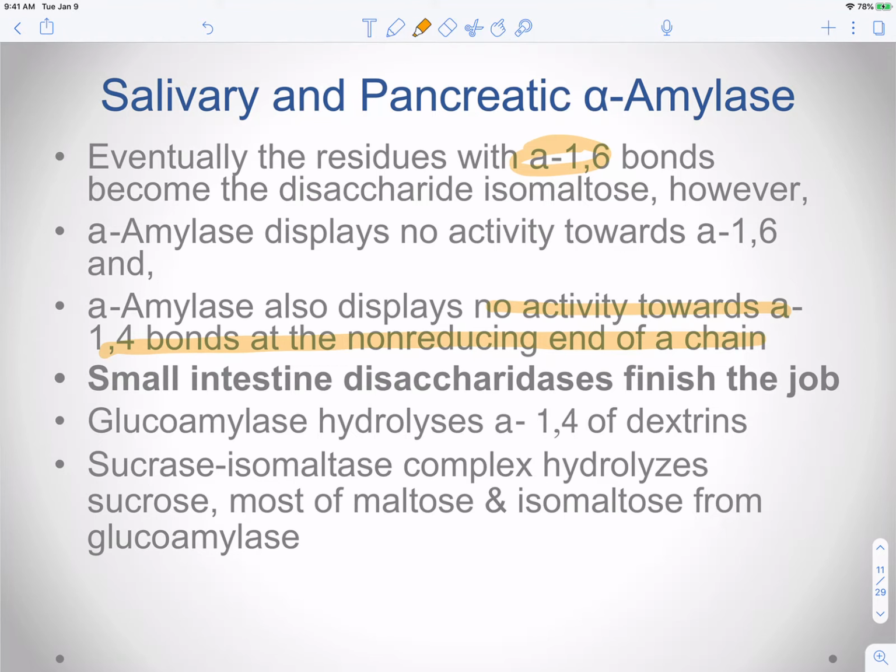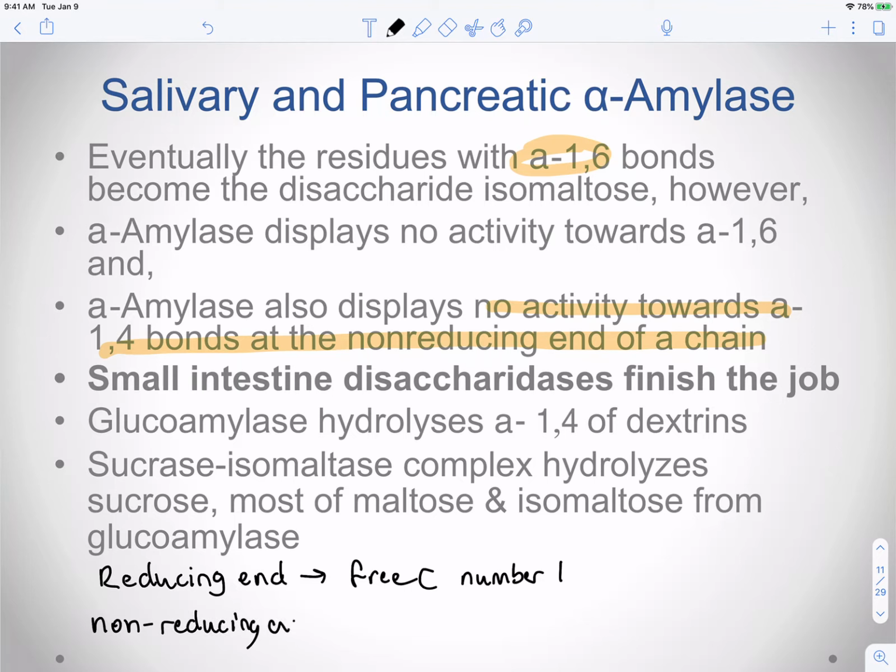Let's say the reducing end of a sugar molecule is where you have a free carbon number 1. That's the anomeric carbon, and that's the reducing end. And then the non-reducing end is all other ends.